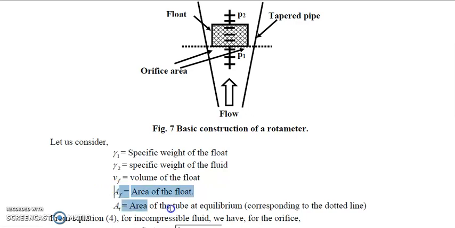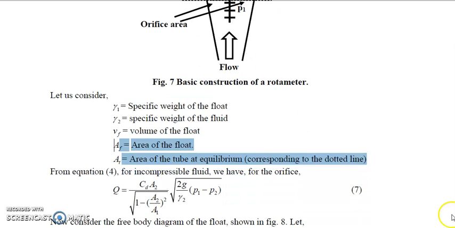You have to keep in mind Af, the area of float, and At, the area of tube at equilibrium. The area of float is constant, but according to the variations in the flow, the area of tube at equilibrium will change.